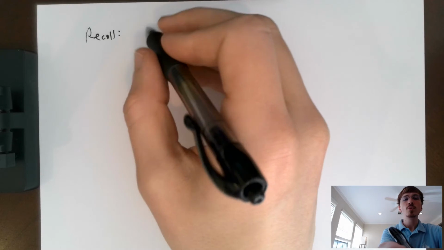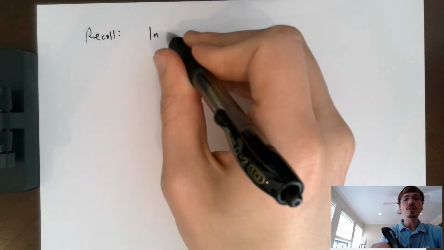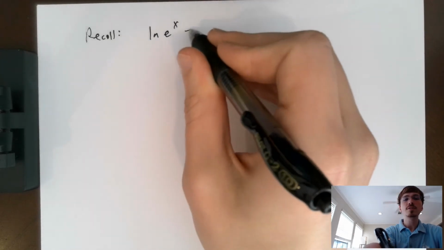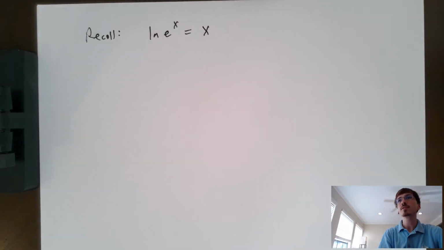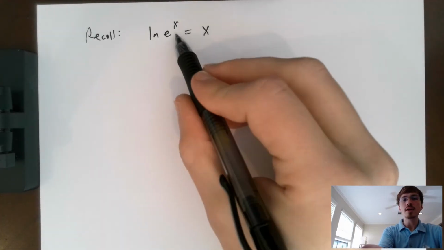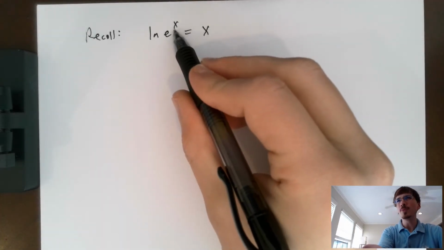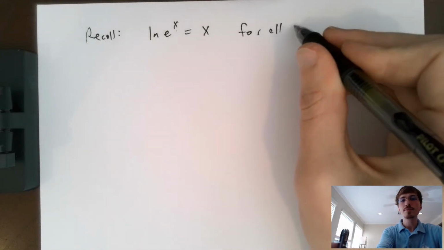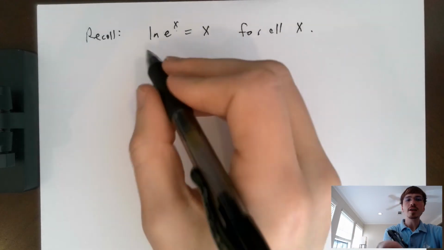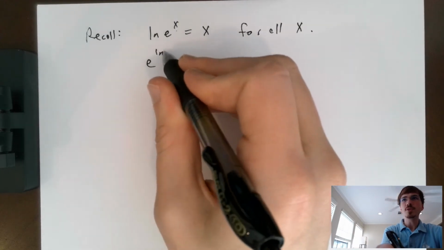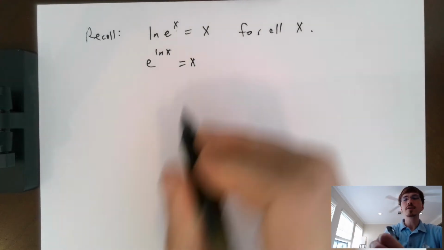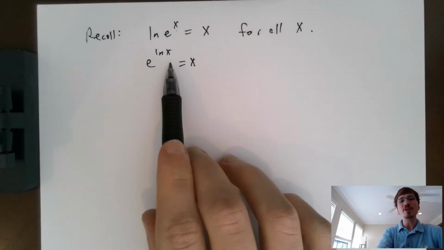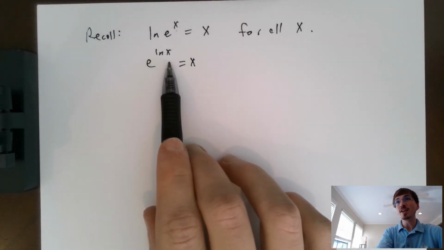Recall that the natural log of e to the x is equal to x. And this is for all x in the domain of e to the x, so that's for all x, right? And let's also recall that e to the natural log of x is equal to x for all values of x that are in the domain of the natural log of x.